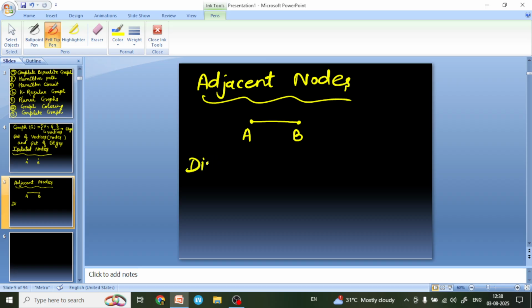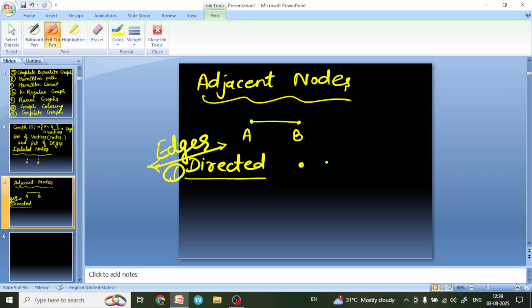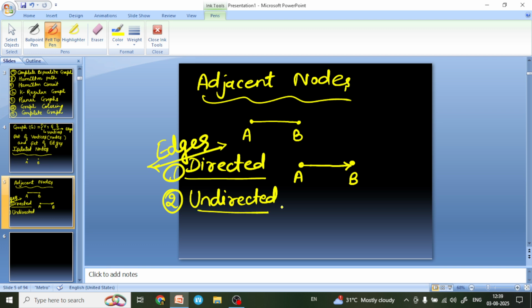Next one, directed edges. There are two types of edges. One type is directed, in which you give a direction like this, A to B. This is a directed edge. Second type is undirected edge, in which no direction is given like this.